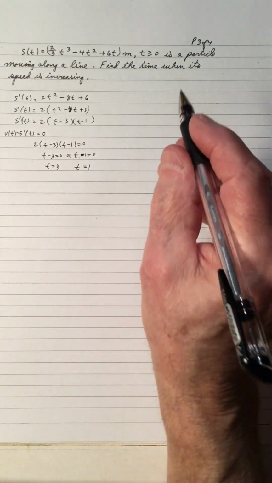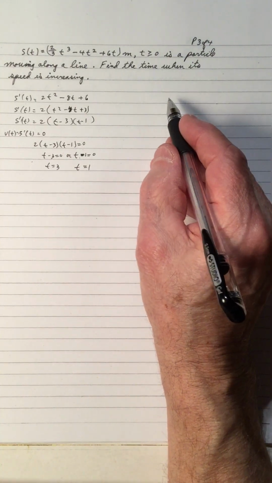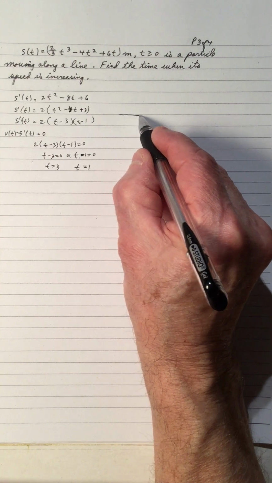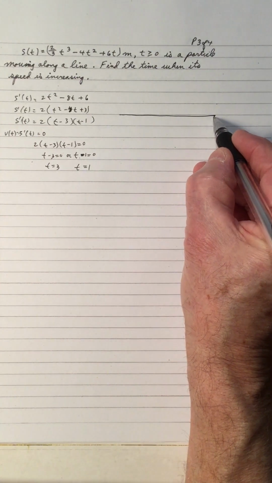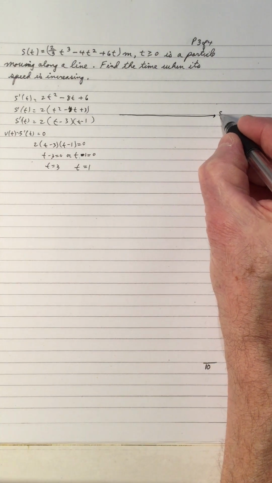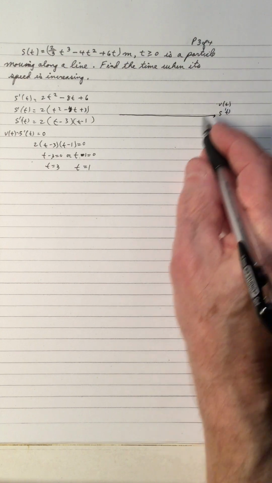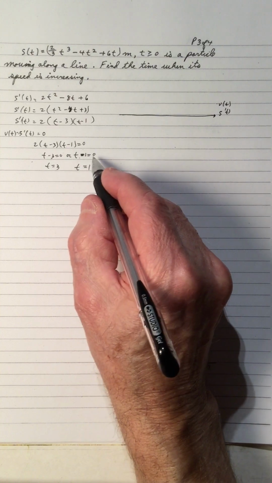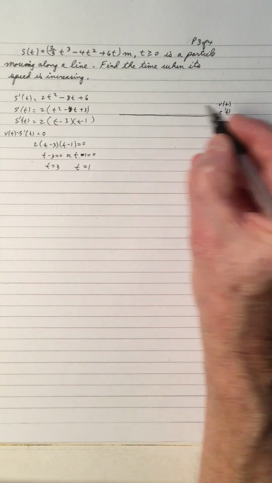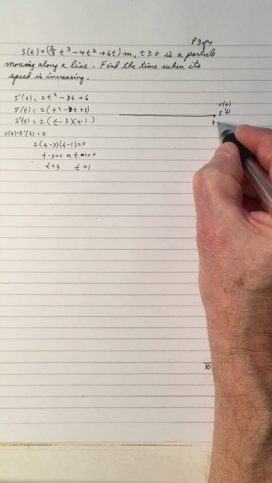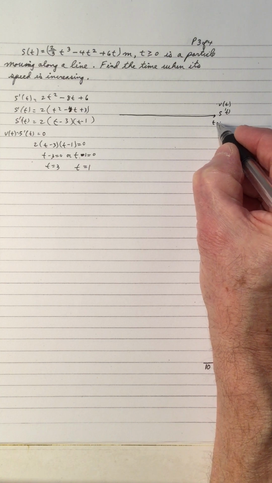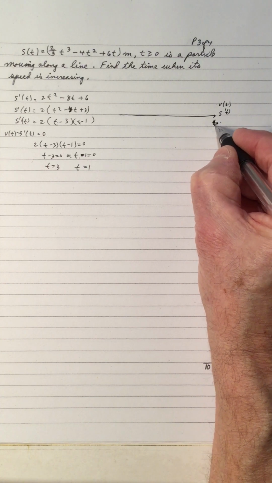So the velocity, let's draw a little line, and on that line we'll put s prime of t, which is the velocity. We have 1 second and 3 seconds, and this is time, so we just put t here.